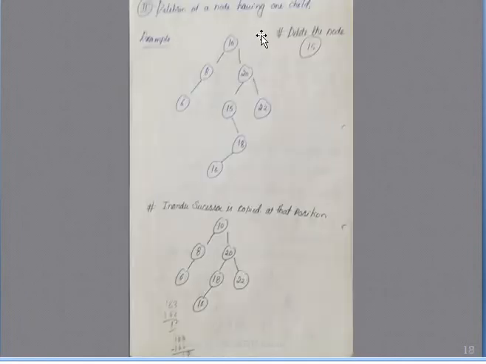Next we'll see the deletion of the node having one child node. So if we want to delete the node having one child, this is the subtree. If we want to delete the node 15, the in order successor is copied at that place, 15, 18 and 16. So the in order successor of that node will be copied at that place.